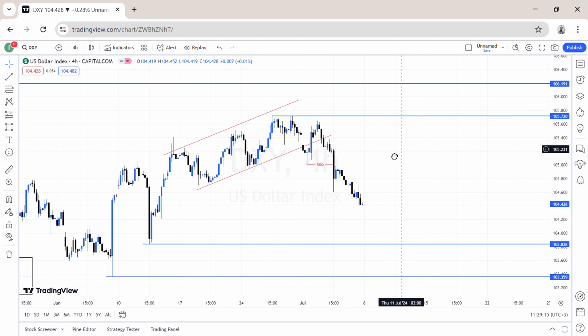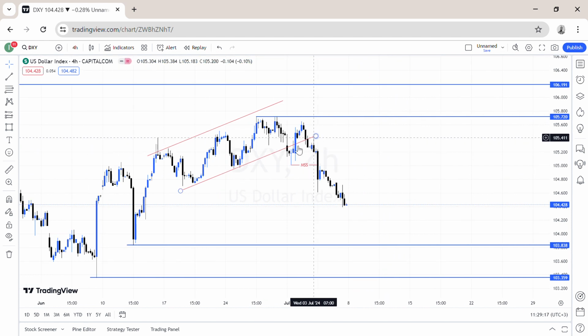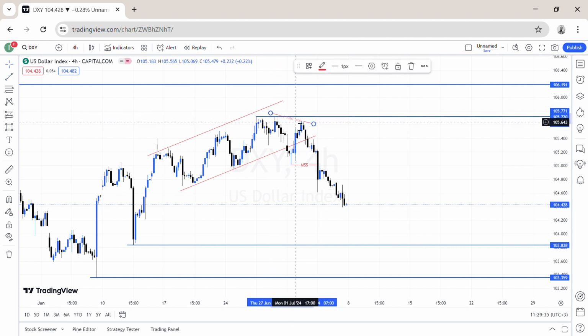We were bullish, and then immediately when we saw the market structure shift, that was an indication that the price has changed direction. And to add on our confluence, we saw that there was a failure swing right there.